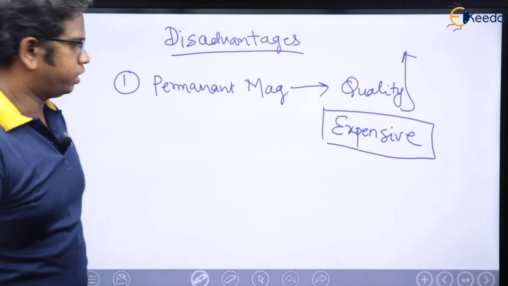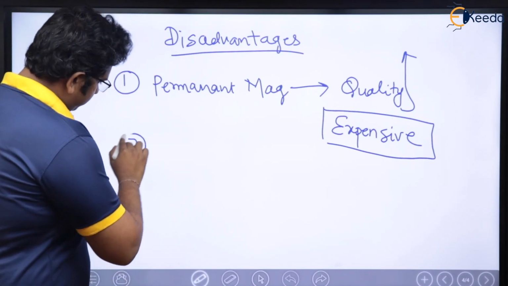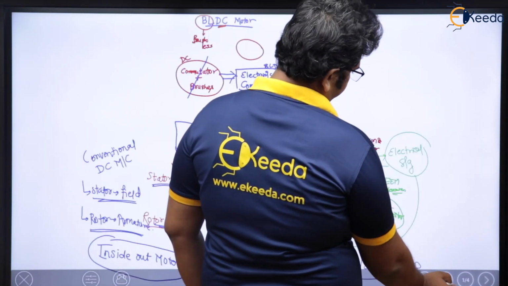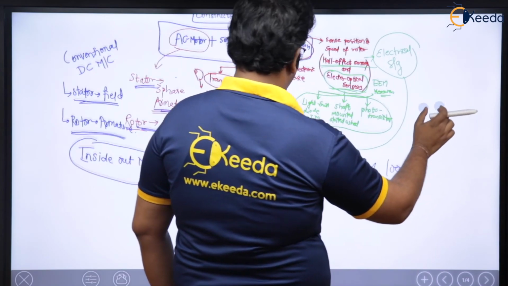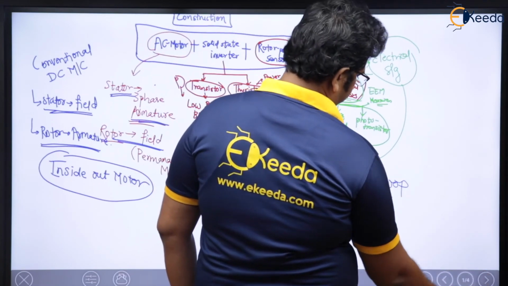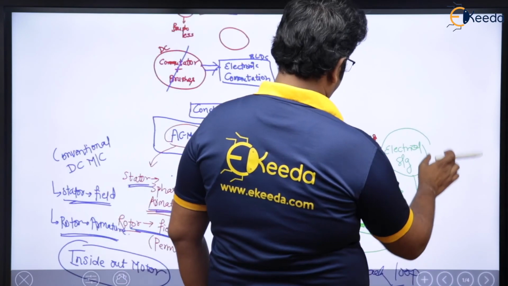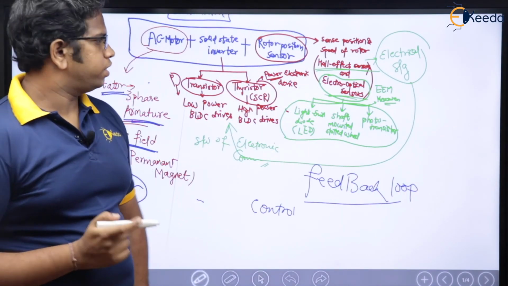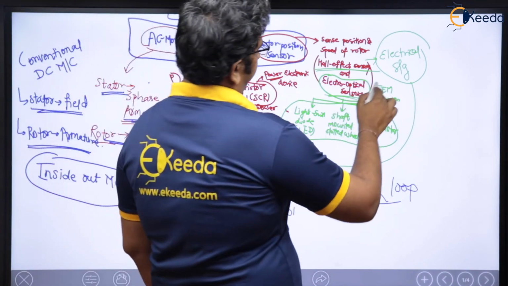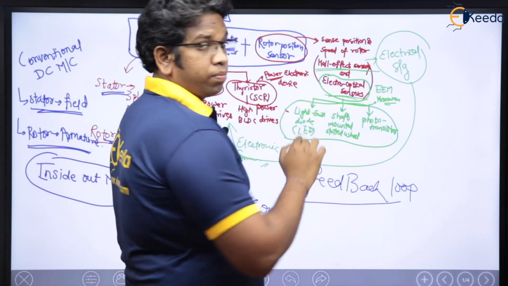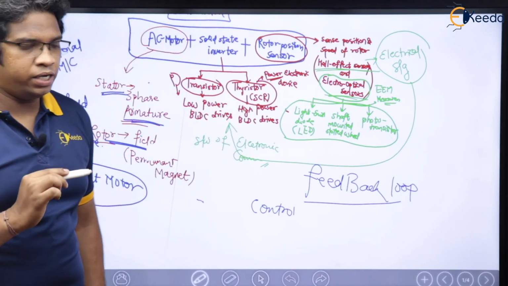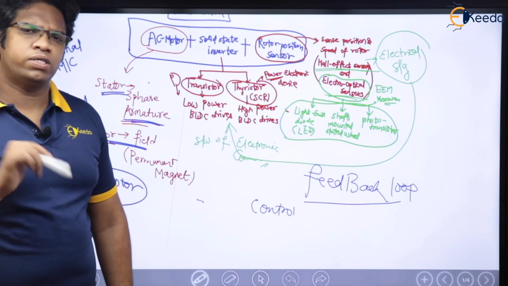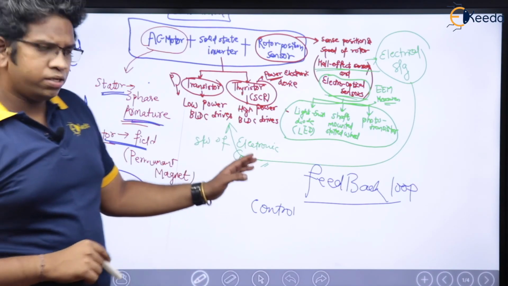Now the second disadvantage. If you see the electrical signal, you are going to have some sensor, and that sensor output is fed back to the system. Is it very easy?